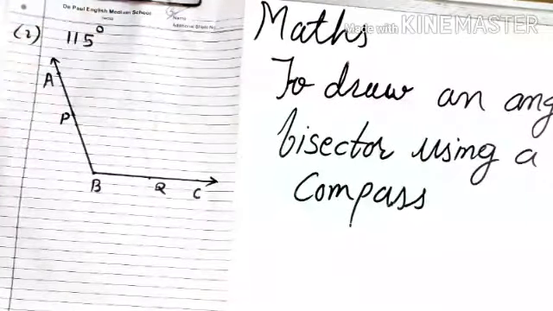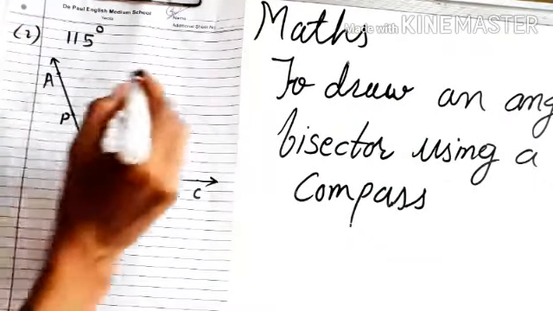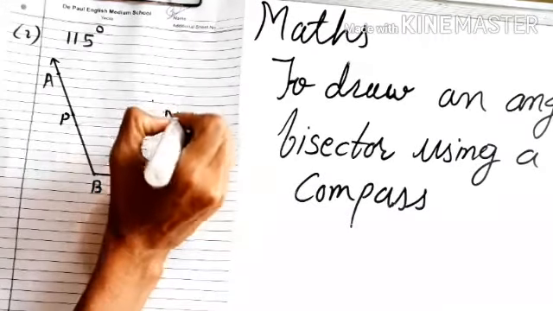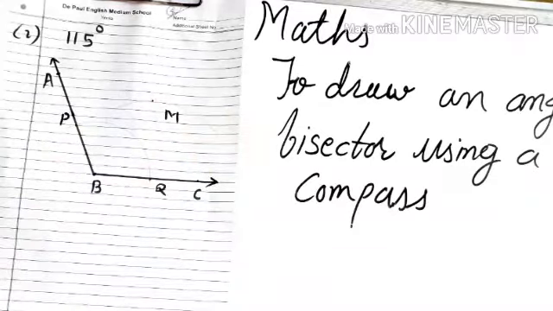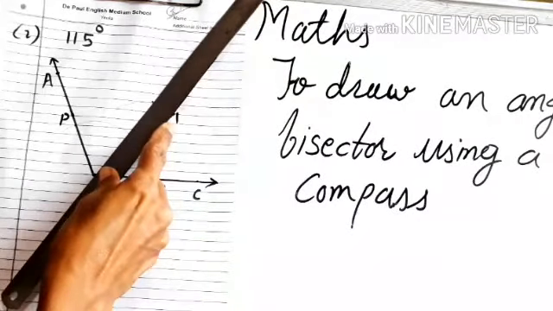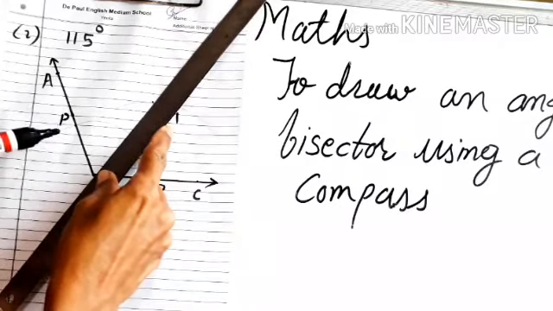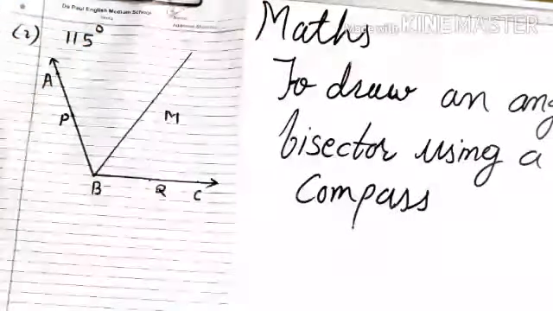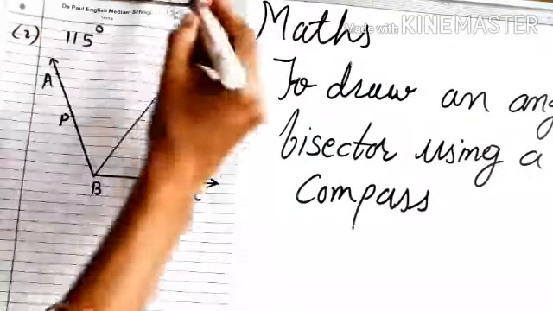So here is the point of intersection. Let us give the point name, suppose M. Then draw a ray BM. This point of intersection and this vertex you have to join.